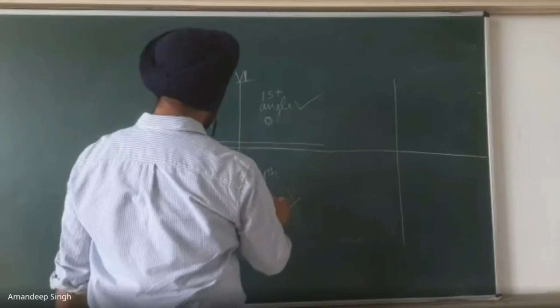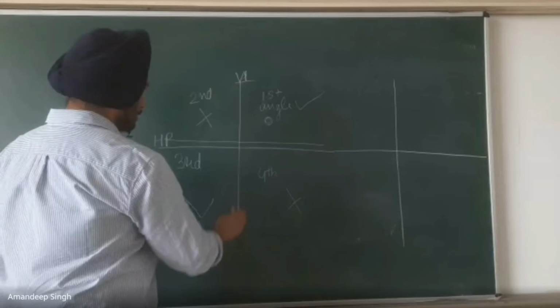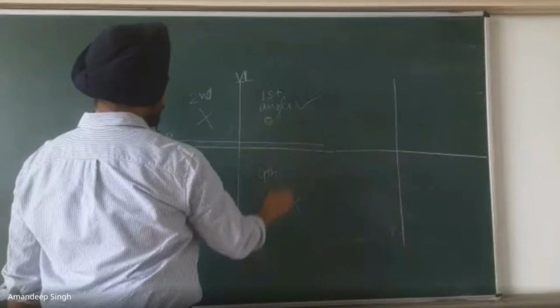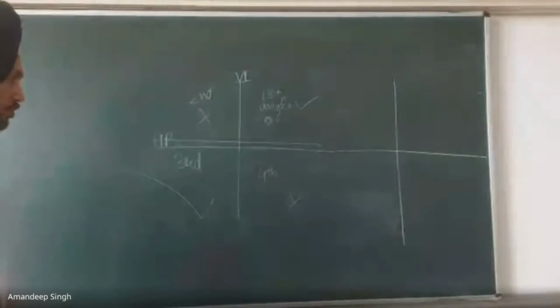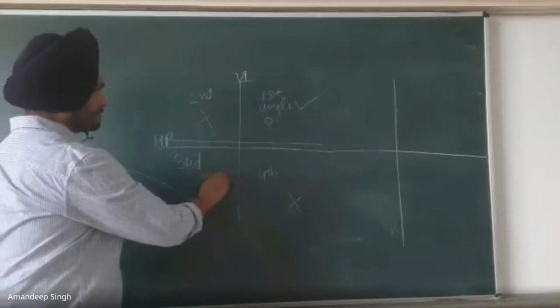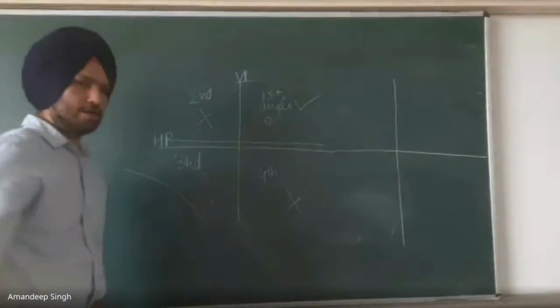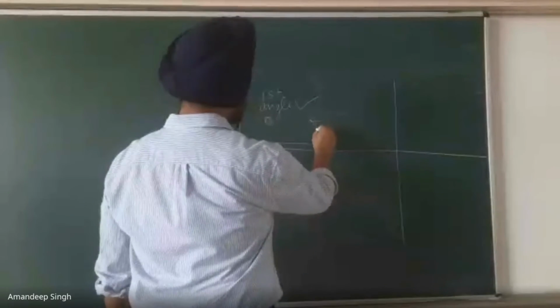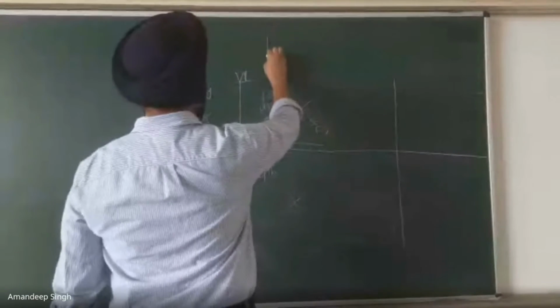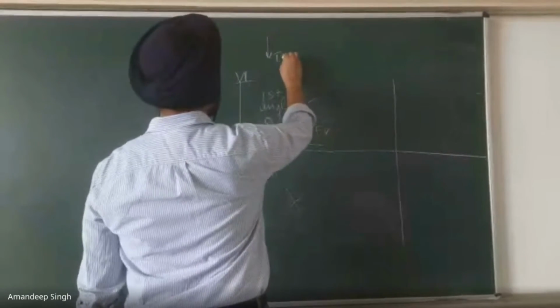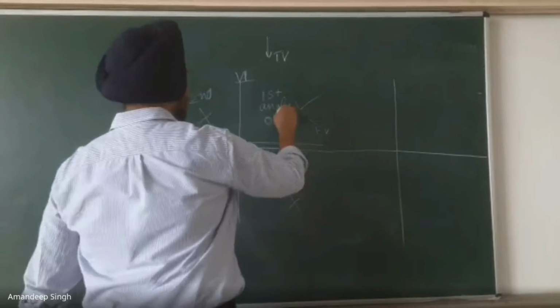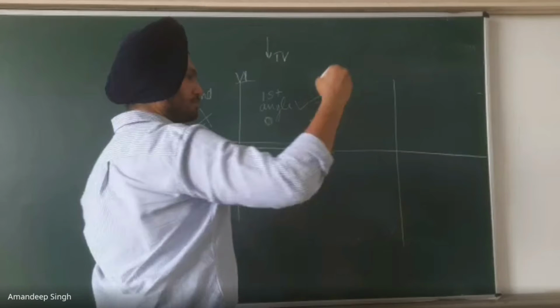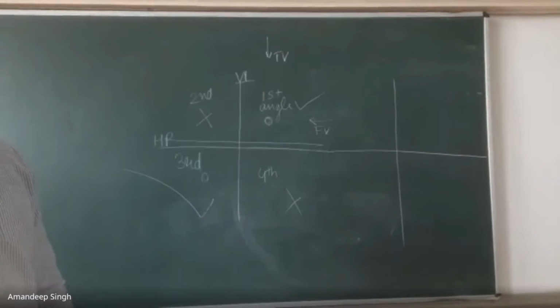All right. And so the positions are created for the objects that we can place in the first angle and third angle. This is the view, the front view, the top view, and this direction is the side view, according to the first cross.